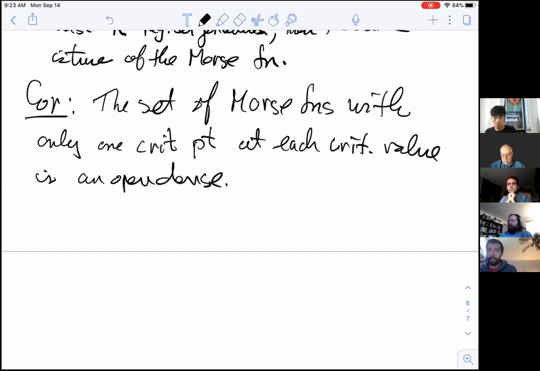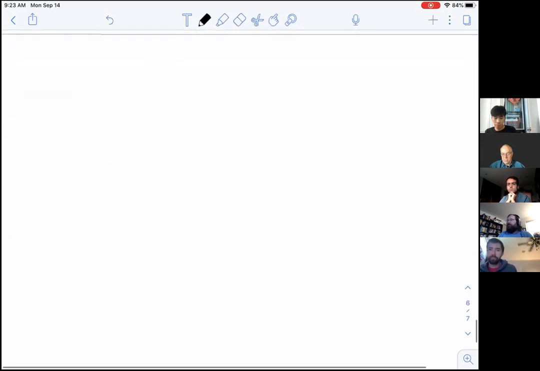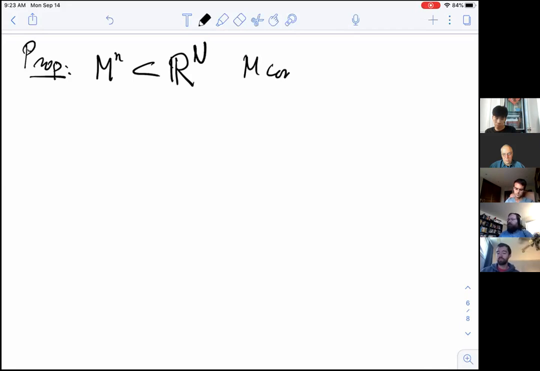Okay. So let me give you a finite dimensional analog of this infinite dimensional theorem that Morse functions are open dense. We don't need this, but it's a very nice finite dimensional analog, which helps give you a sense of Morse functions. So I thought I would show it to you. So we're going to work now with a manifold smoothly embedded in some large Euclidean space, compact and smoothly embedded.